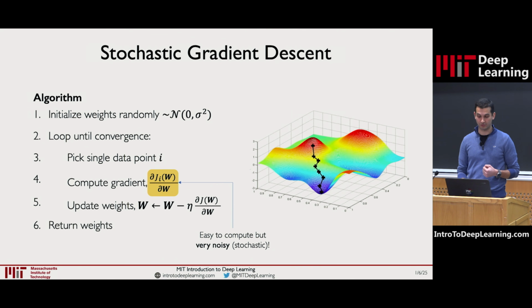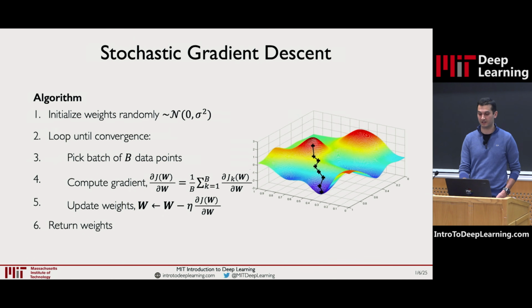Now, there's a natural trade-off here, right? We want to go fast, but we also don't want to be too noisy. There obviously is a middle ground here. Instead of computing the noisy gradient on one example, we can do what's called mini-batch gradient descent. Mini-batch gradient descent is where you set a batch size, and then on every iteration, you compute your gradient with respect to not just one data point, but let's say k data points, where k is pretty small.